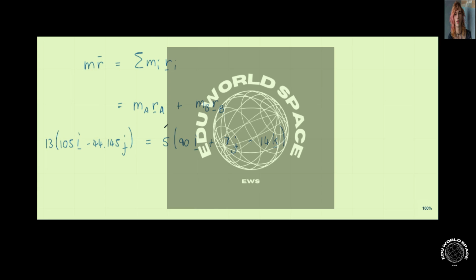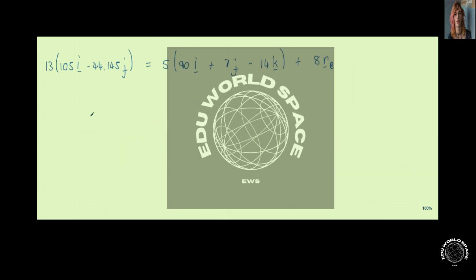So that's the position vector after it has exploded and moved off. That's a position vector of one of the fragments. The other fragment has mass 8 kg and an unknown position Rb. So Rb is what we wish to calculate.